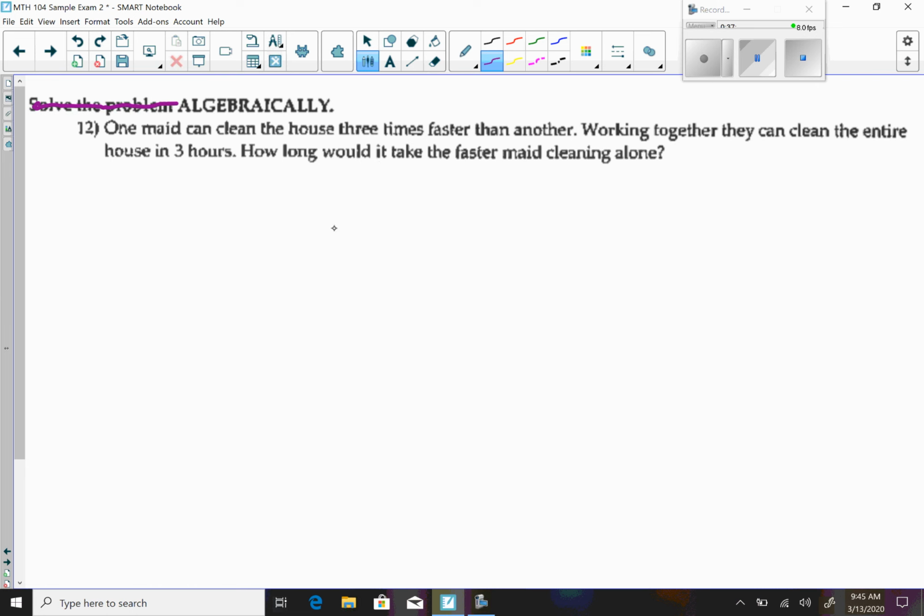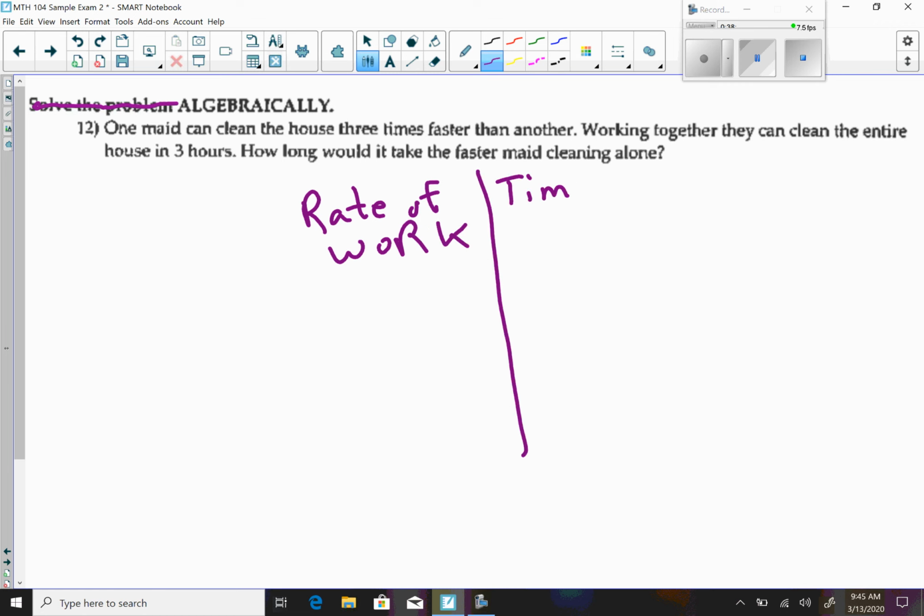In a problem involving work, like maids that are working, we're going to make a column for rate of work and a column for time worked together, if the maids are ever working together, and they are in this problem.